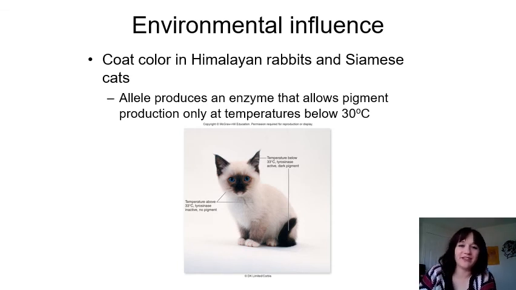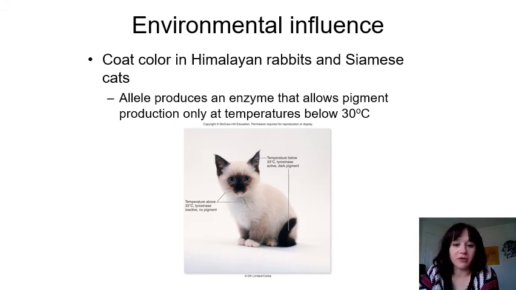One of my favorite exceptions to Mendelian genetics is the role of environment. This is a pretty cute example in coat color in Himalayan rabbits and Siamese rats. So there's a gene that produces a pigmentation enzyme.